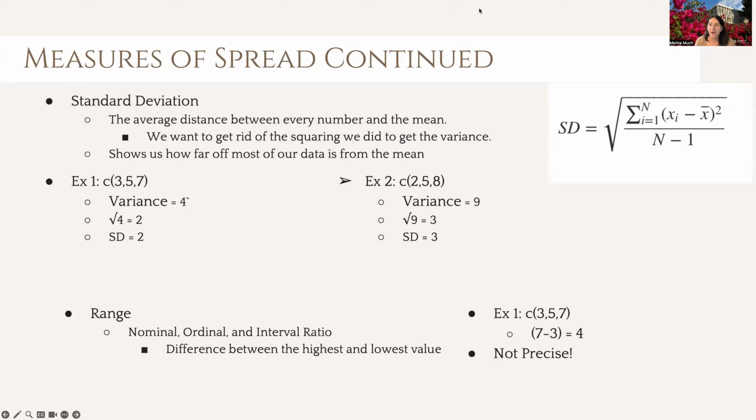It shows us how big the set is, but it also doesn't give us a very good understanding of the differences between each of the values relative to the measure of centrality. So it's not precise in a lot of ways. So we prefer to operate using either the standard deviation or the variance. And remember that the standard deviation is usually our preferred because it makes a little bit more sense in terms of the actual set. So we have measures of central tendency: mean, median, and the mode.